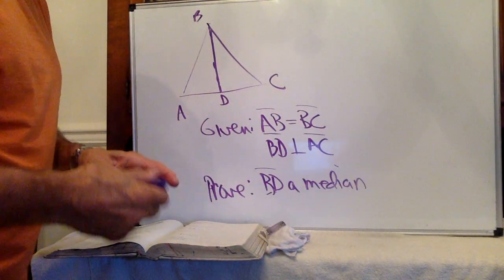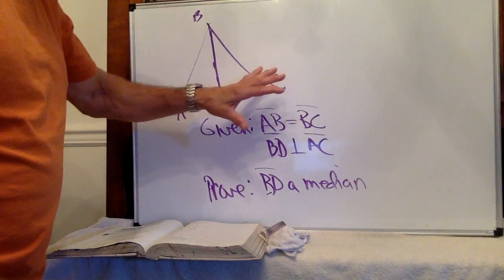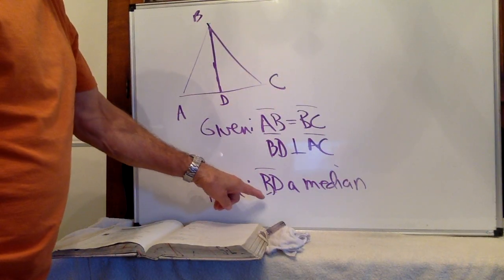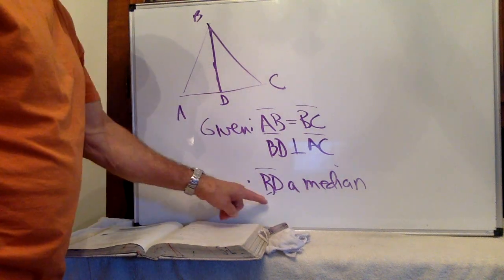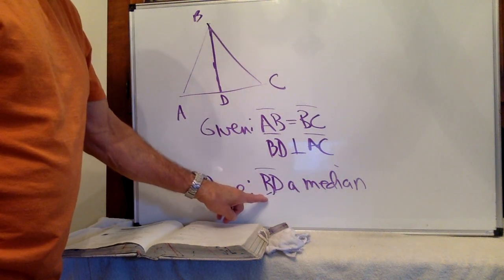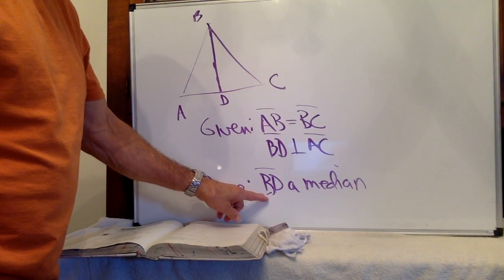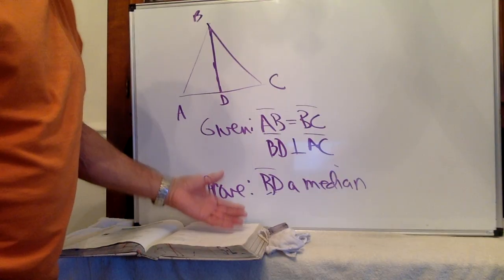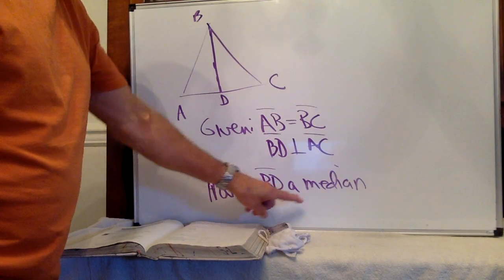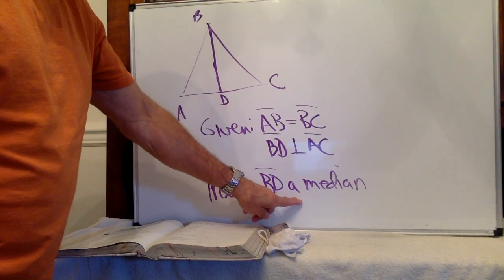An indirect proof is going to look the same, sort of, but what you're going to do is look at the statement you're going to try to prove. Well, there's only two options here. Either BD is a median or BD is not a median. Those are the only two options. Either it is a median or it isn't.